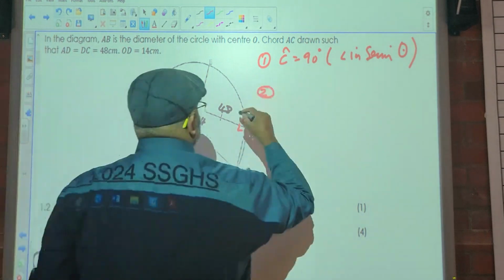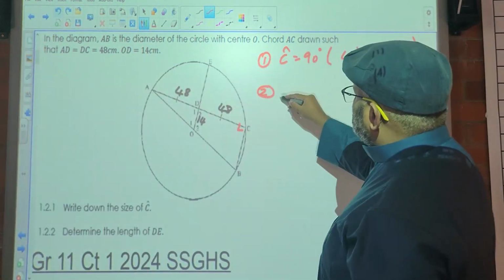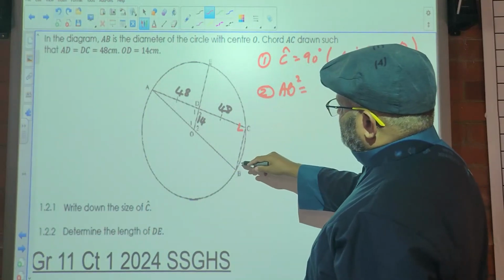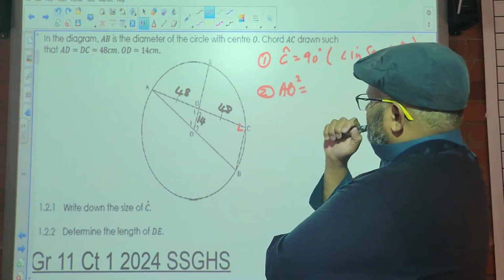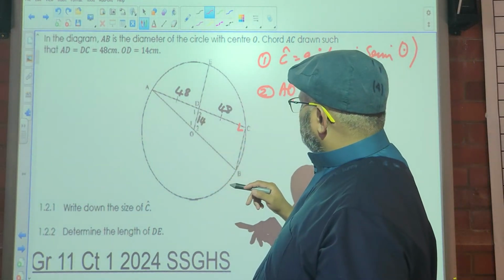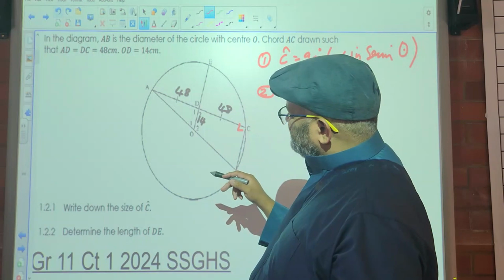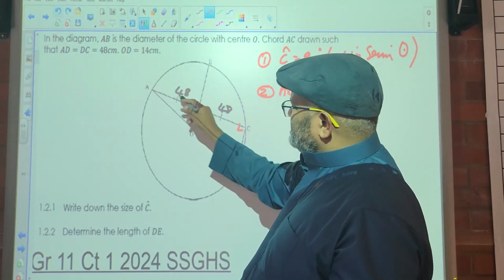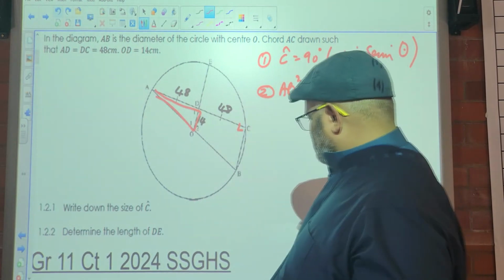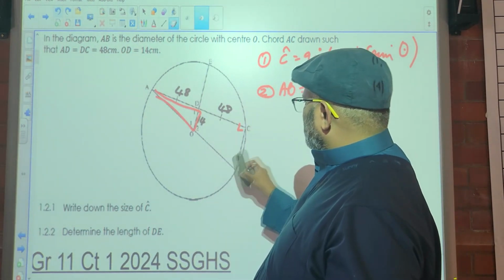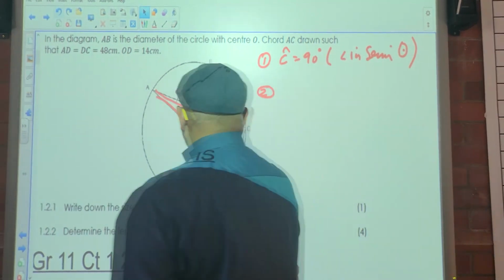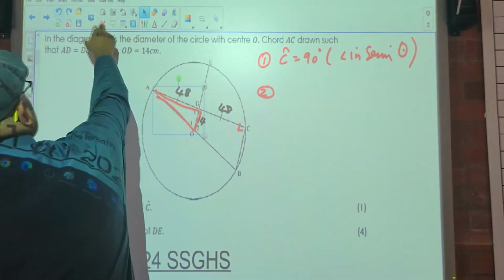We have OD, so we must apply Pythagoras in the other triangle.